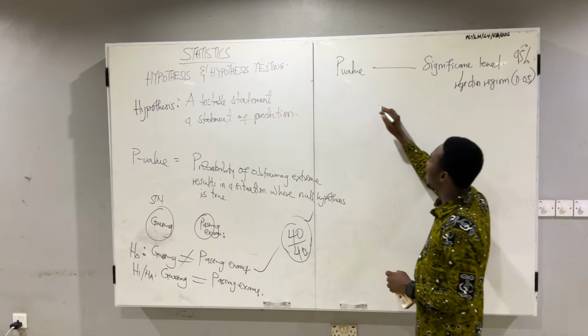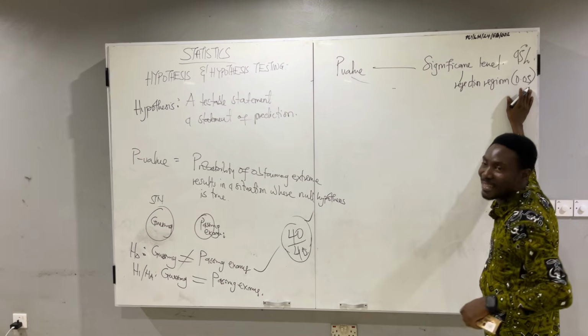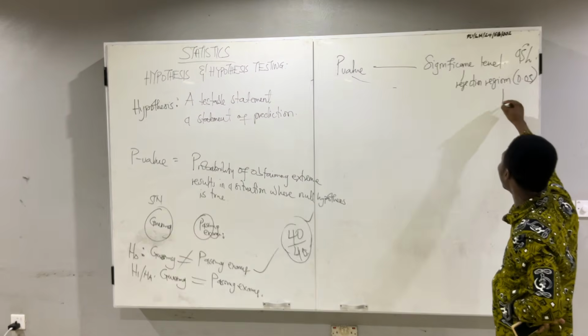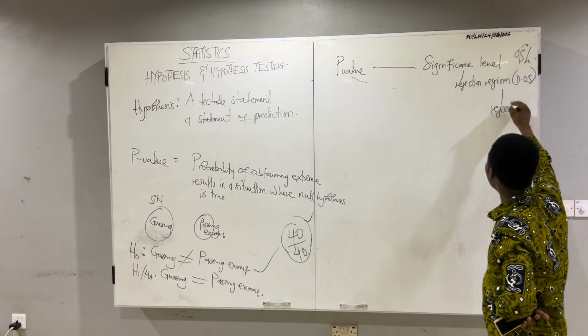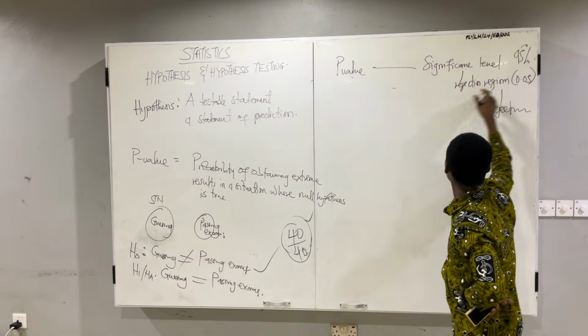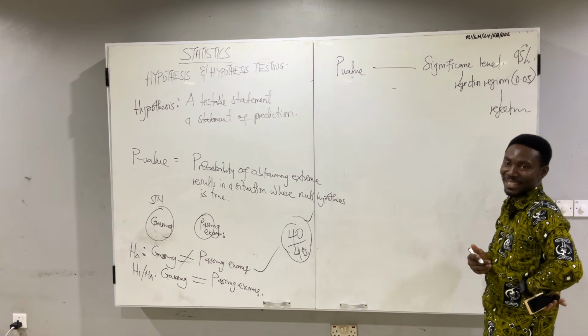So what that means is that the more this probability gets closer to the significance level, the more we are rejecting the null hypothesis, because this is the error region, the rejection region. This is the rejection point. So the more the p-value is coming closer to this, it means we are rejecting the null hypothesis.